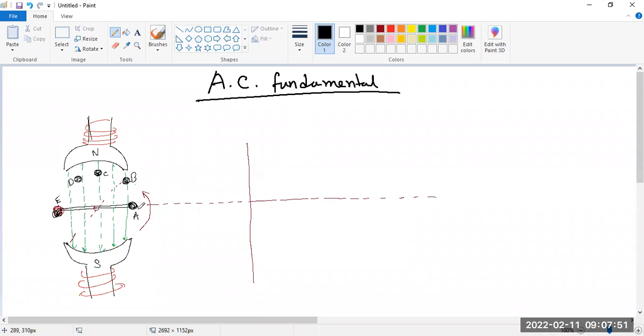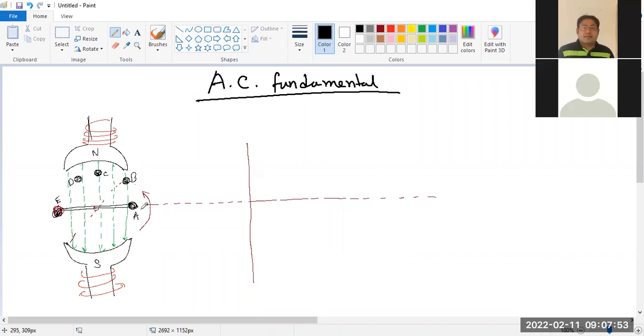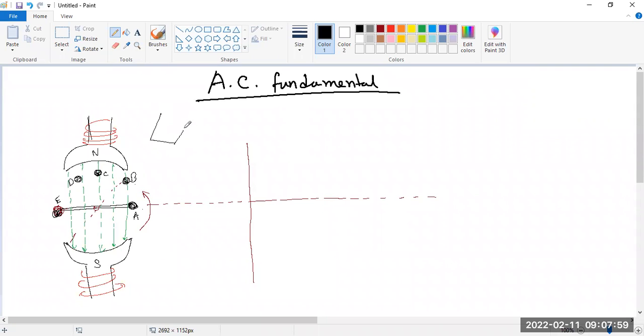I'm taking only one conductor. If this is the armature, then we are considering only one terminal, one cut section. So A is coming here, and then it is coming to B. Whenever the conductor is at the position of A, you can see no flux cutting is happening, so we put here only 0.